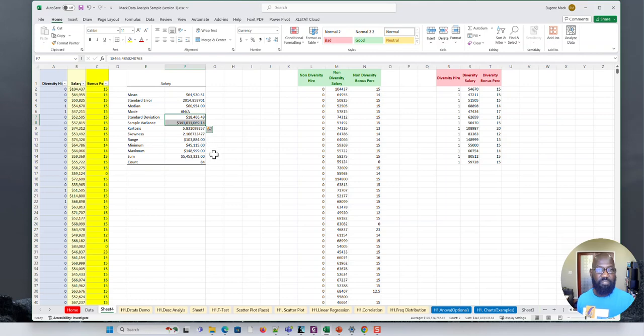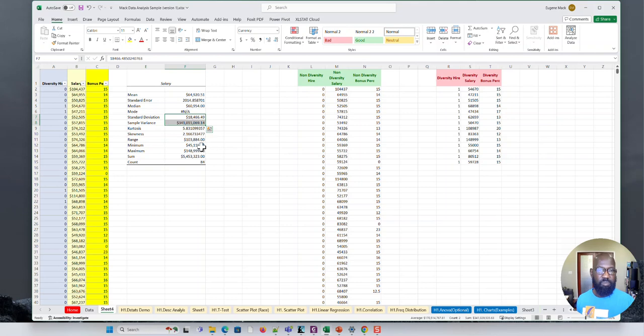That means there's a lot of variation in these salaries. It's looking at all the differences between first salary, second salary, first salary and third salary, second salary and third salary, et cetera. So it actually is calculating all the variation between these, which means there's a lot of variation in the salaries to be understood. And then you have a minimum and maximum salary.